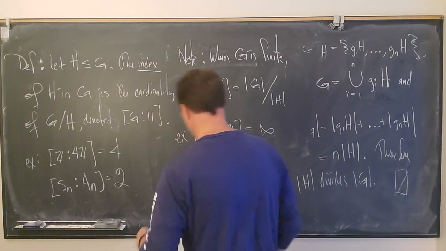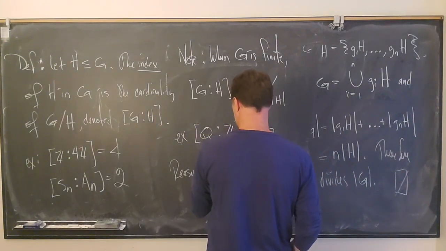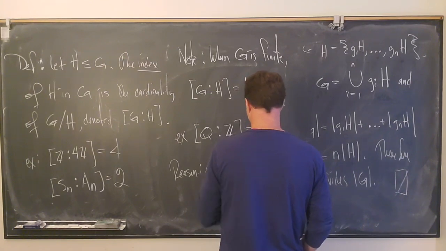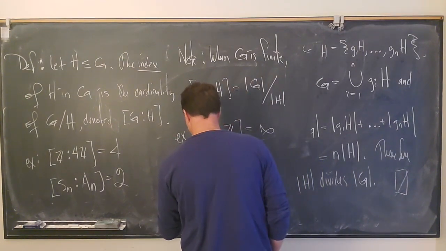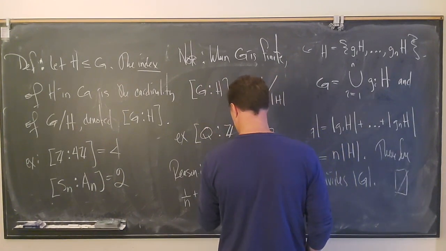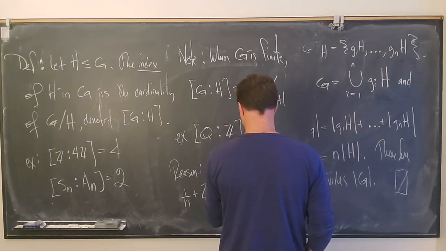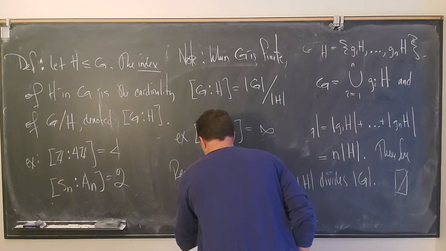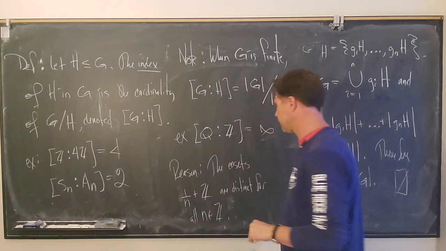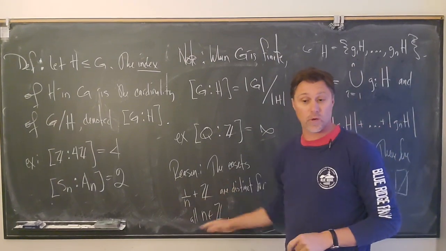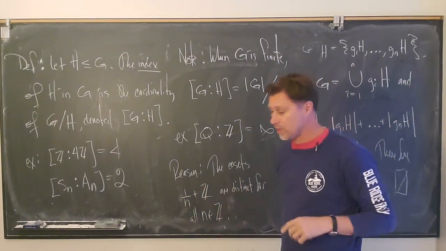Here's the reason. The cosets of the form 1 over n plus Z are distinct for all integers n. So that provides an infinite number of cosets. That's not necessarily all of the cosets, but this guarantees that we have an infinite number of cosets.